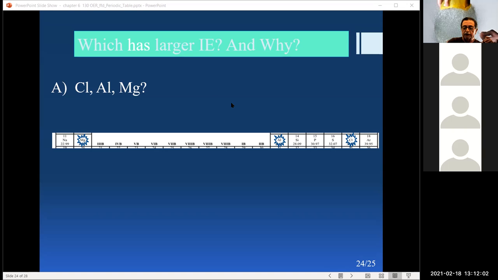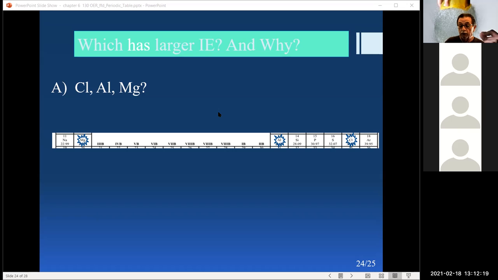Just like the radius, the radius for chlorine is much smaller than it is for magnesium. The same trend will be found with ionization energy.